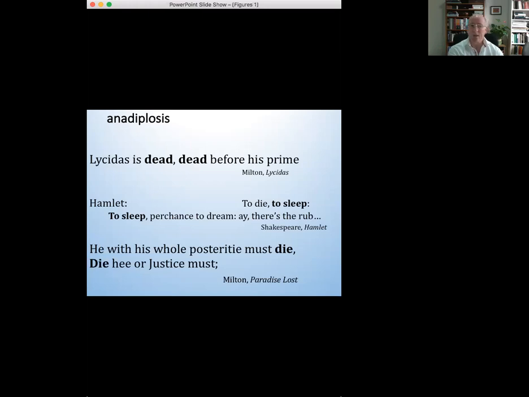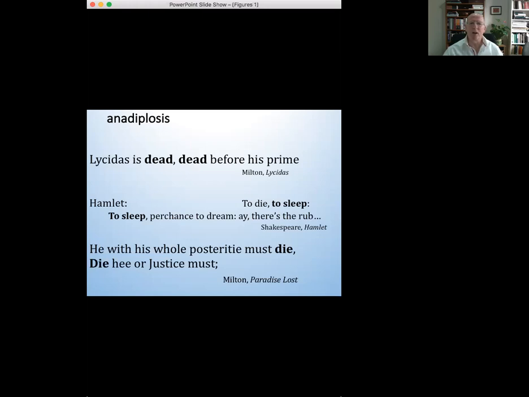By repeating those same words, to sleep, again I think it slows it down, it makes it heavier. In this case, I think it goes to enhance our sense of Hamlet thinking seriously. He's not in a rush, he's serious. It's deep, serious, intense thought.